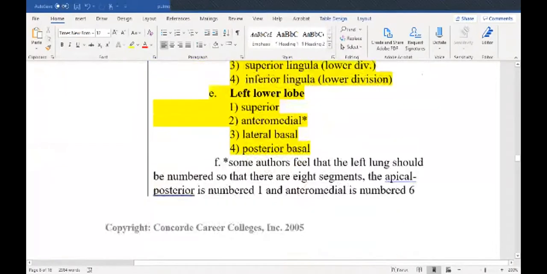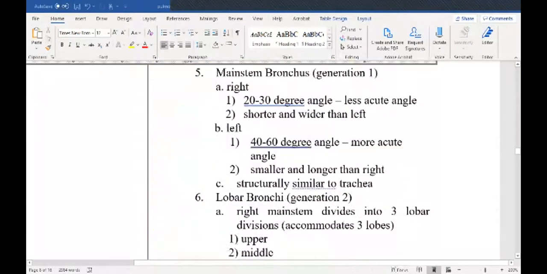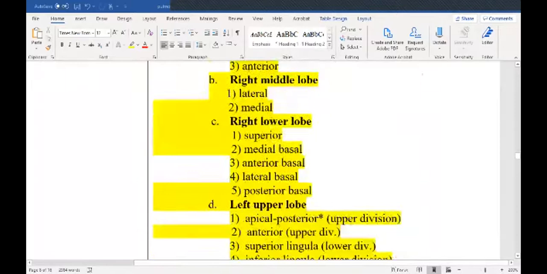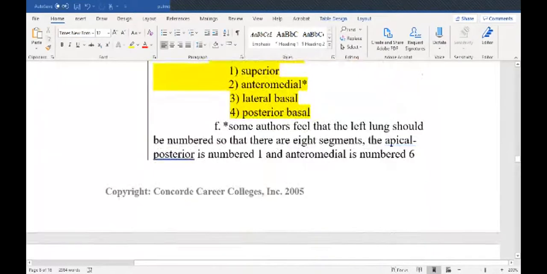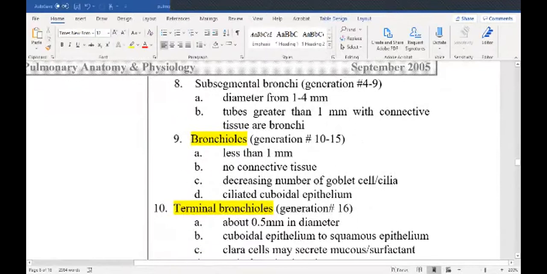All right. So let's finish up these steps we just said. We talked about the right and left main stem bronchus, then we went into the bronchi, right? And we talked about all of the segmental bronchi. Now we are in the bronchioles. Now, the segmental bronchi, guys, look how small they're getting.